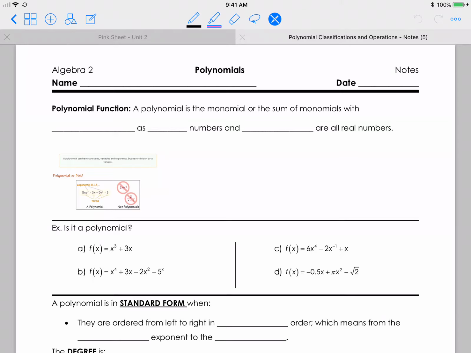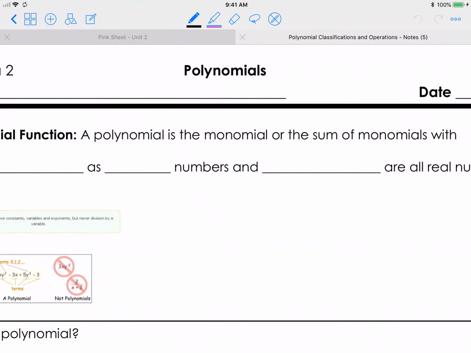A polynomial is a monomial, which is one term, or the sum of monomials, which means multiple terms.